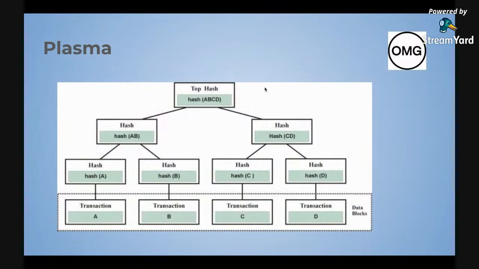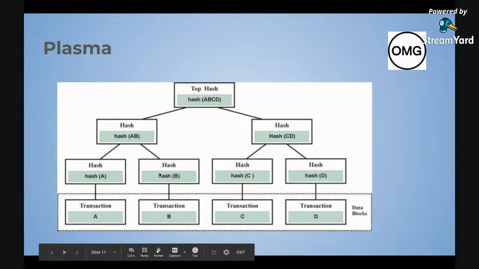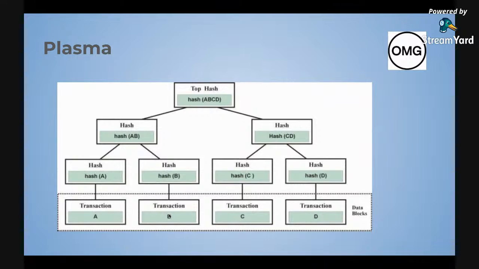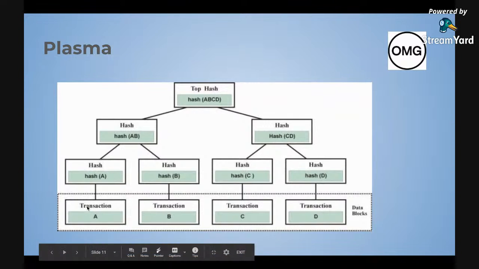So this is an example, just unpacking that a little bit more. This is a Merkle tree, a tree of hashes. Each transaction gets hashed up, and this structure is quite important to note.